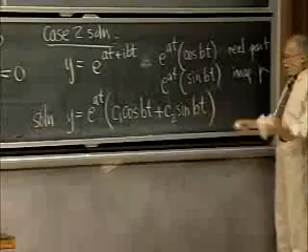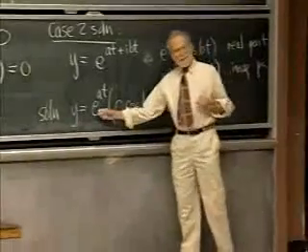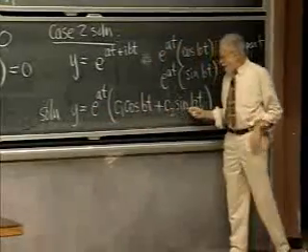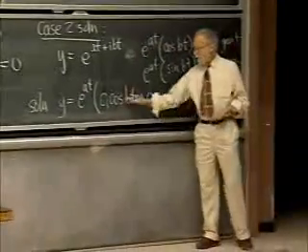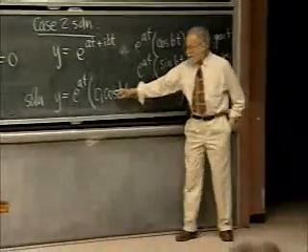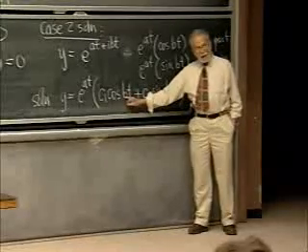But what does that look like? Well, you know that too. This is an exponential which controls the amplitude, but this part is the combination of two sinusoidal oscillations with different amplitudes but with the same frequency.